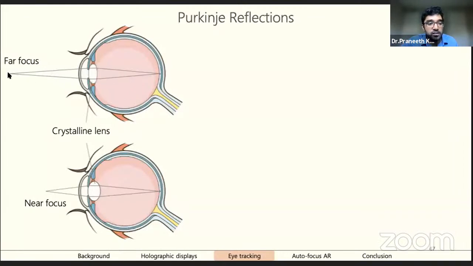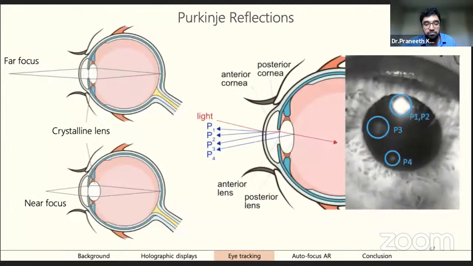The light rays coming from this far object are focused by the eye's crystalline lens onto the retina, where there are photoreceptors, right? Now, if the eye wants to look at a near object, the lens changes its focal power to bring this object into sharp focus on the retina, right? So the crystalline lens is changing its shape to bring different objects of the real world into focus.